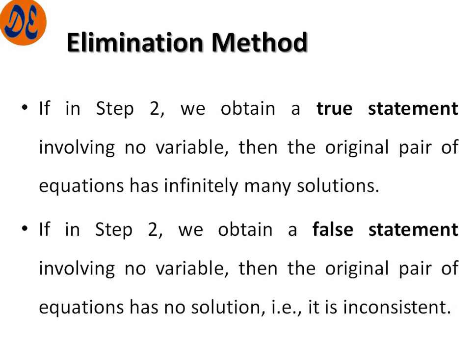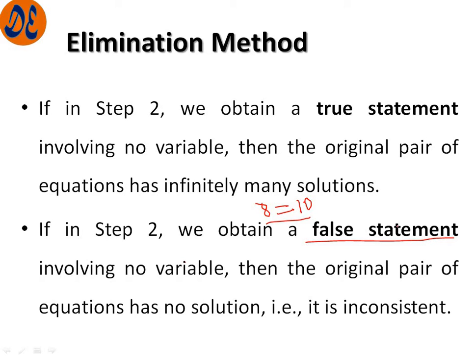Now the third situation: a false statement. Suppose we get 8 is equal to 10. That means both sides of the equal sign have different values, which is not true, so it is called a false statement.